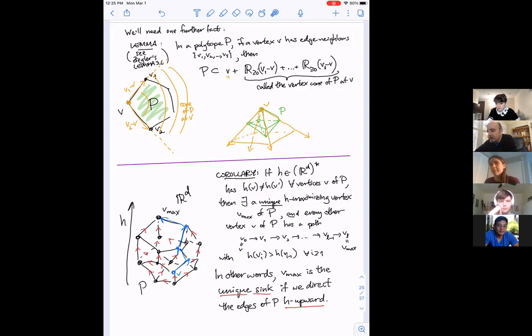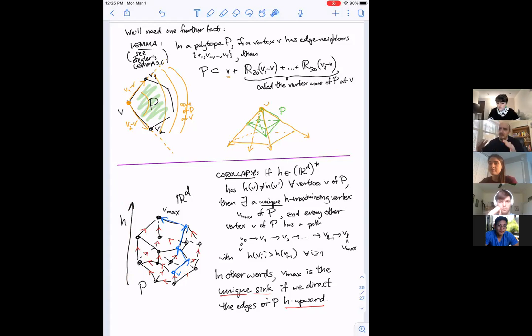Another way of saying that is to think of directing the edges from the vertex that has lower value of h to higher value of h. So direct the edges h-upward. That's what I've done in red here. For this h, I've drawn a little arrow on all of the edges of the polytope that goes from the h-smaller to the h-larger vertex. If you direct it that way, there's going to be a unique sink.